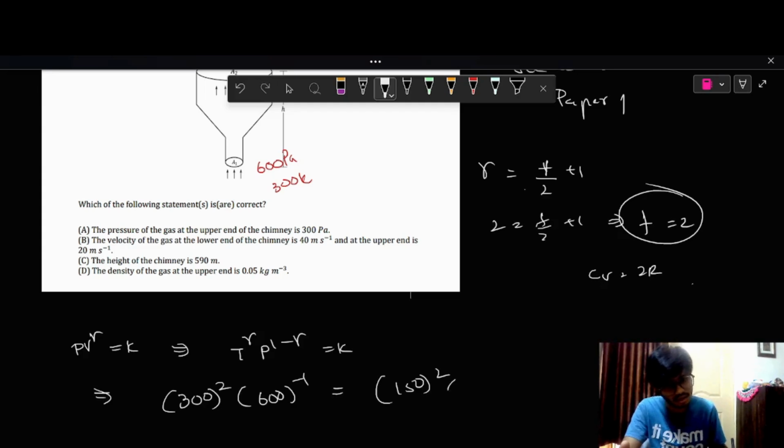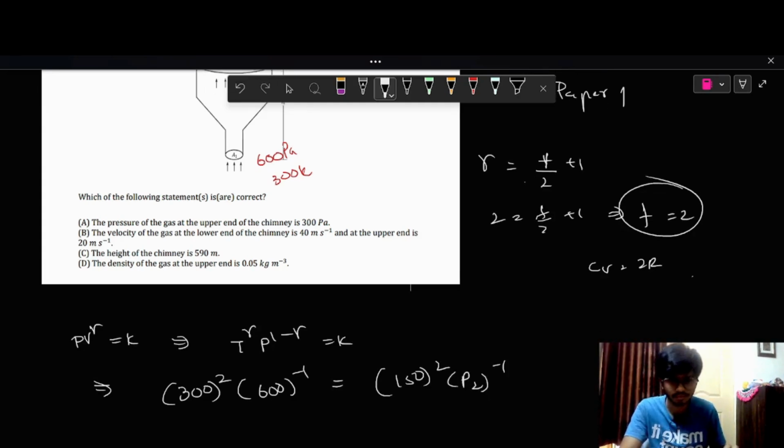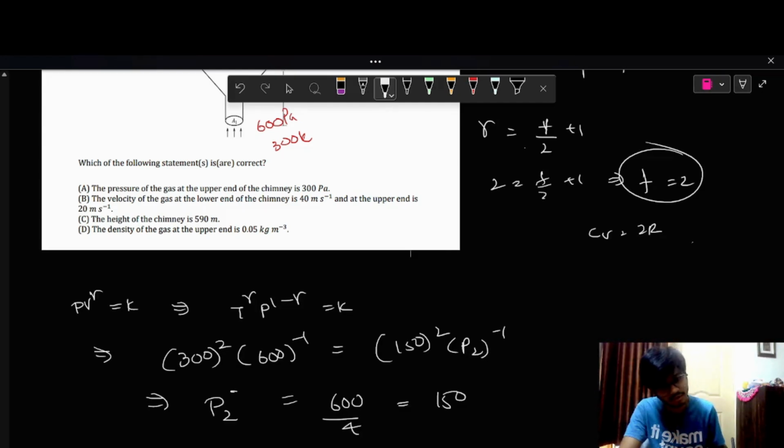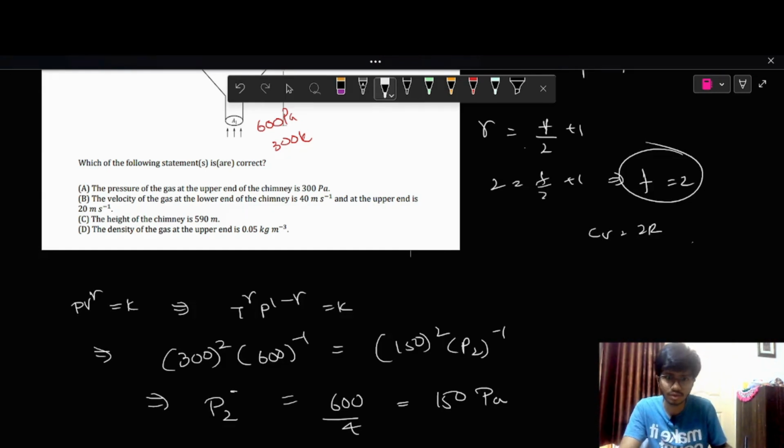This implies that P2 is equal to 600 by 4, that is 150 pascals. So the first option is wrong.